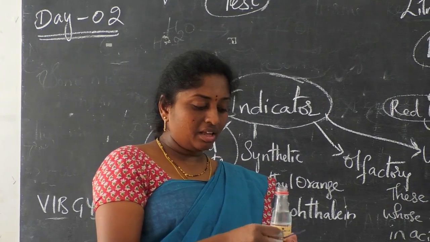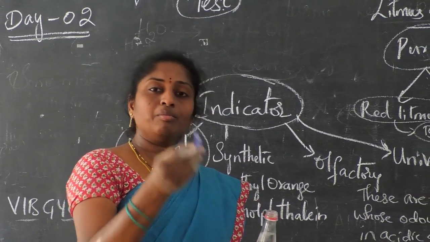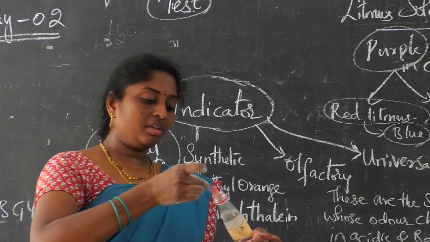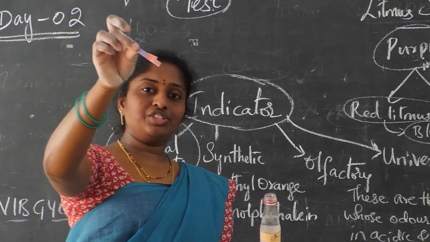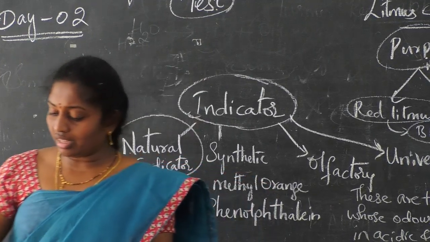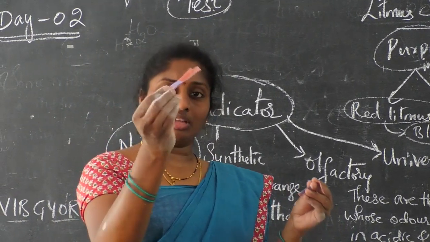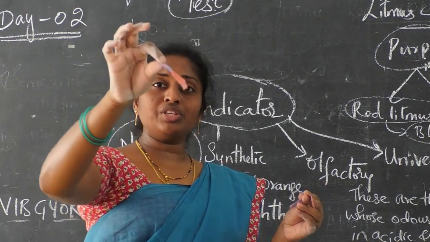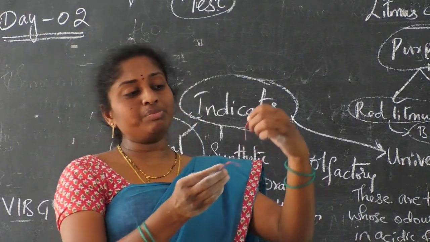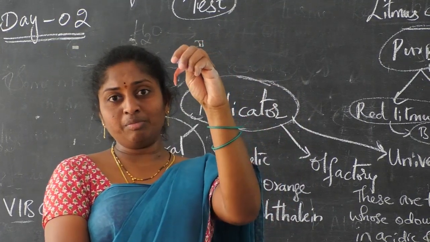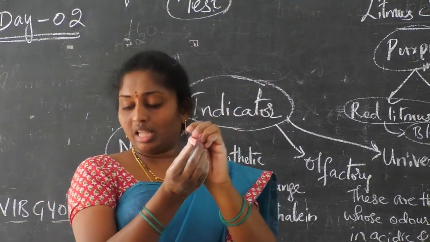But with the blue litmus paper, you can see the color change immediately. Vinegar is an acid, so the blue litmus paper is changing into red, and the red litmus paper is not changing color at all.